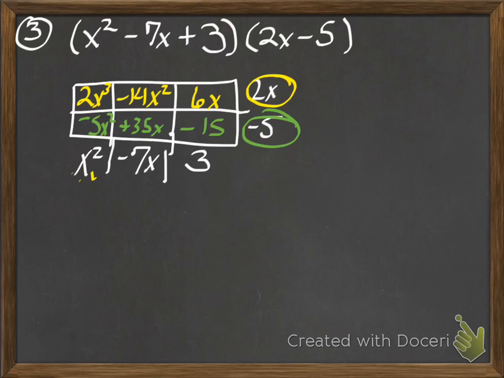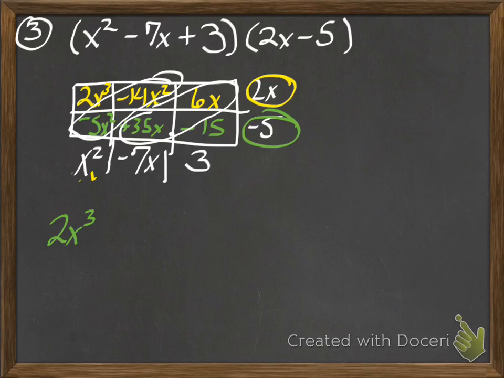Now identify which ones can be added. And it should usually result in the diagonals getting added. If they stair step down, you're going to see that every single time. So that results in 2x cubed.